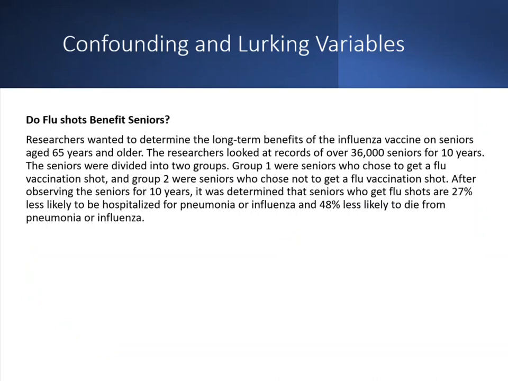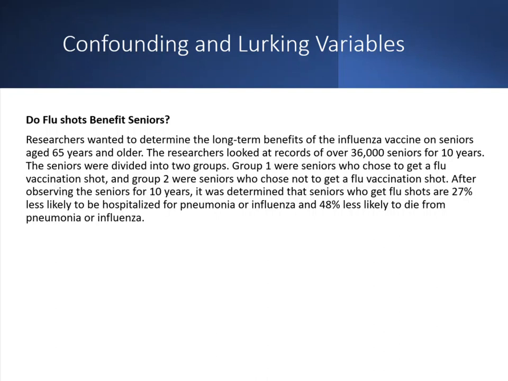Now let's look at another idea in variables. These would be lurking and confounding variables. So we're going to look at a different study here. In this particular study, researchers wanted to determine whether or not senior citizens, 65 years or older, were benefiting from the flu vaccine.